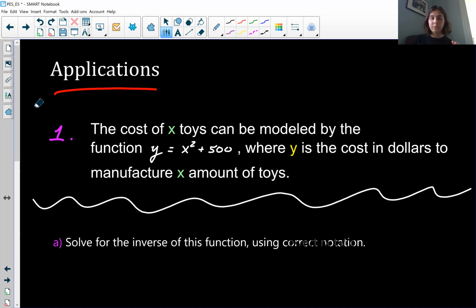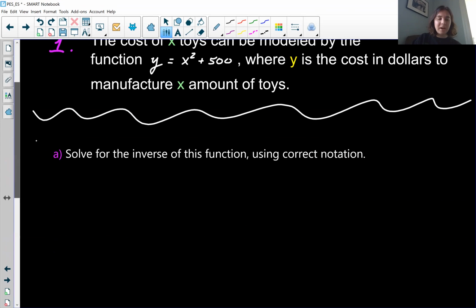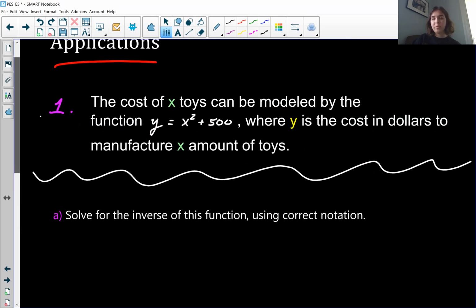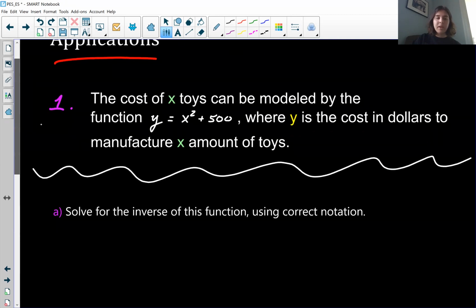Then we're going to want to invert the function and basically get the amount of toys to be the dependent variable. That way we don't have to keep plugging in y and then solving for x, plugging in y, solving for x. Let's just create a new function. I know that was a long-winded explanation, but I never really understood the point of doing this, and that is the point. It's just to make calculations easier based on what you have.